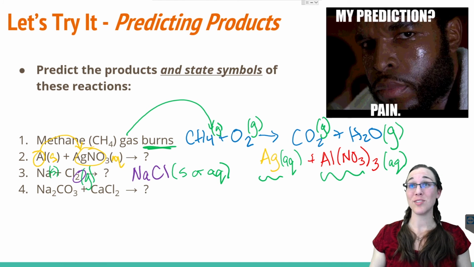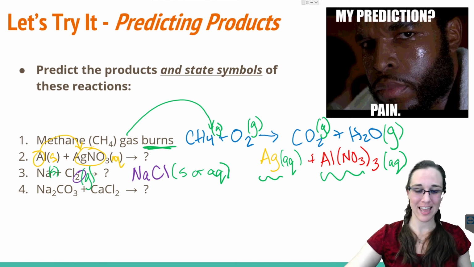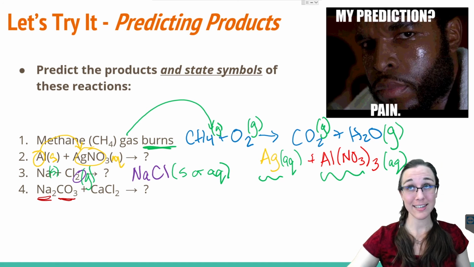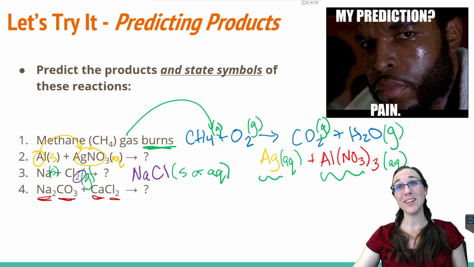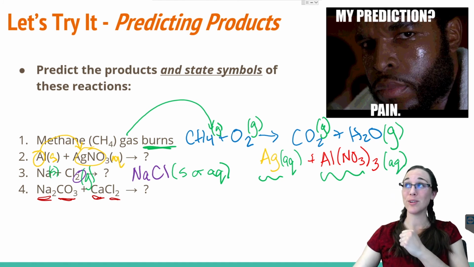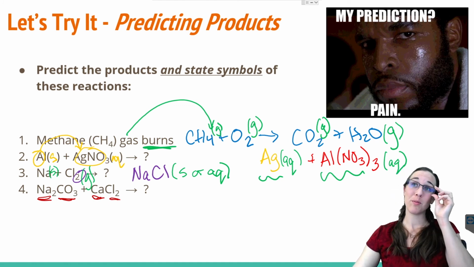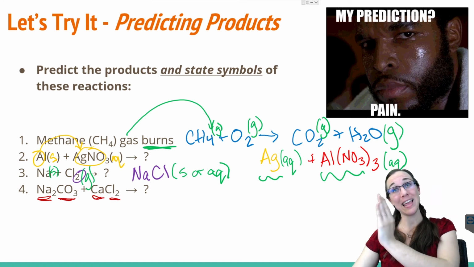And our last reaction for predicting products is Na2CO3. So there's 2 different groups there. And CaCl2, two different groups there. This is definitely a scenario of double replacement, real life wife swap. Remember, we're going to take our cation and pair it with the anion of the other molecule and vice versa.